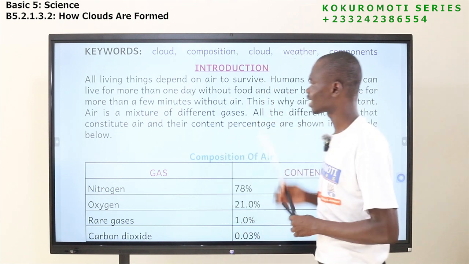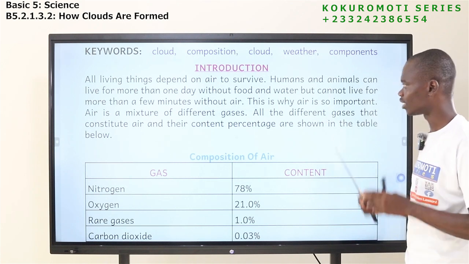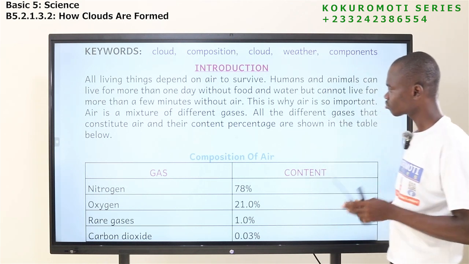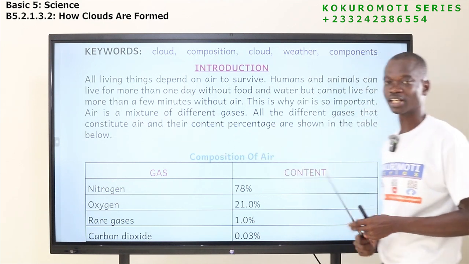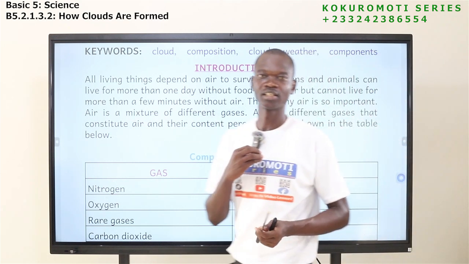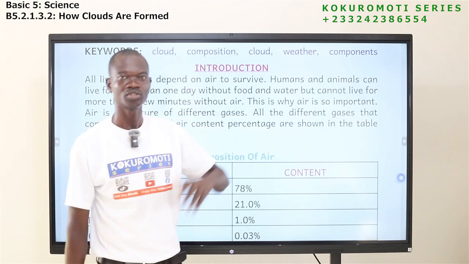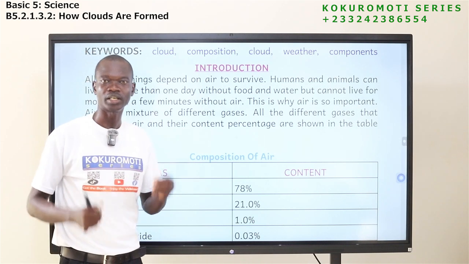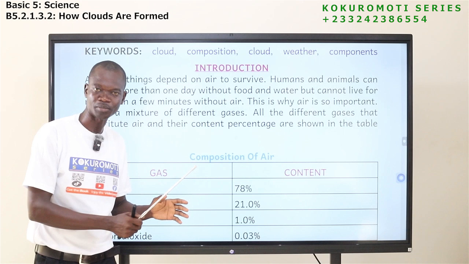So we are going to look at air, the composition of air, and then we will look at how clouds are formed. Now, air is a mixture of different gases. The air that we breathe in, the air that comes out, the air that is used to dry our things, the air that cools our room, is not only one substance, not only one element.